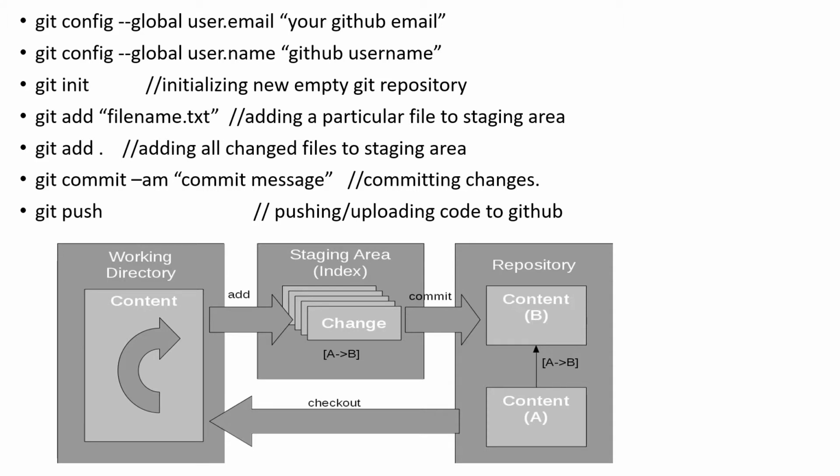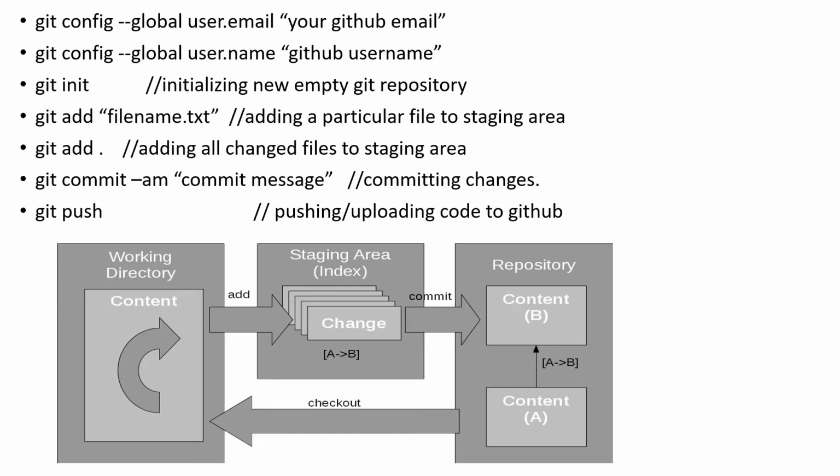Now what is a staging area? It is an area or a place where all the files that have been changed come together at a time, and all those files together can be committed to the repository.